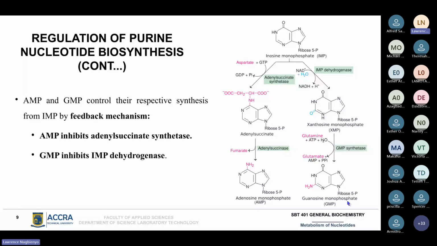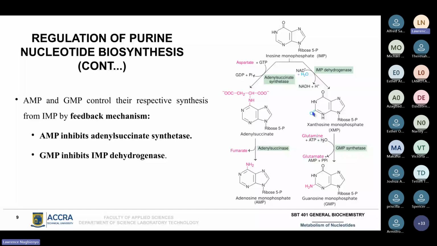Similarly, guanosine monophosphate, GMP, serves as an inhibitor to the first enzyme, inosine monophosphate dehydrogenase, which is involved in the oxidation of inosine monophosphate to form xanthosine monophosphate, where you see the oxygen from water getting conjugated onto the inosine monophosphate.